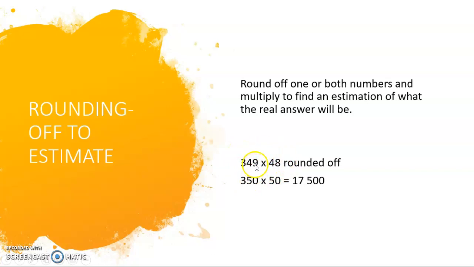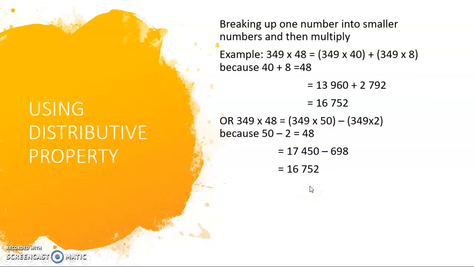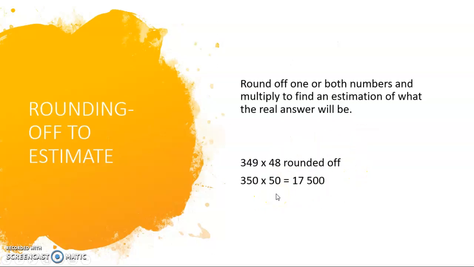So I rounded both of them off to the nearest 10. I multiplied them, and it is 17,500. And as we go back, it is out by 1,052. Okay, but I know more or less it needs to be more than 10,000.